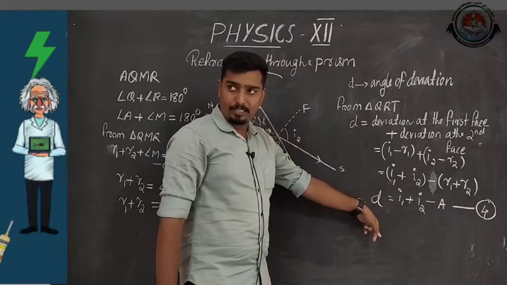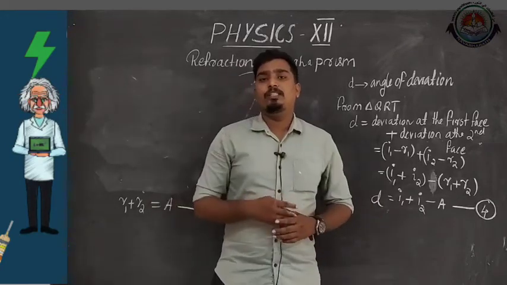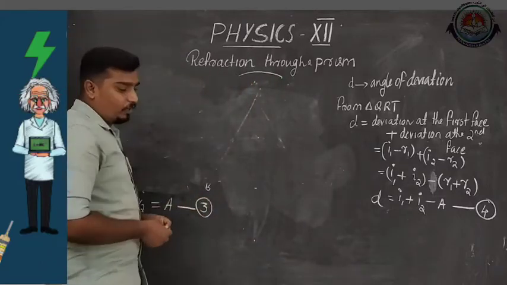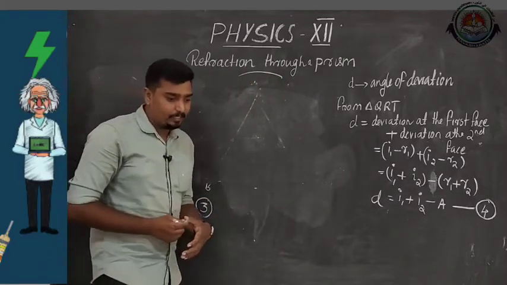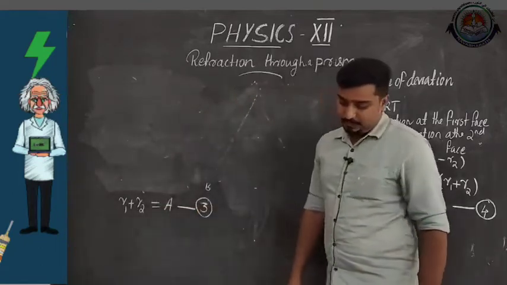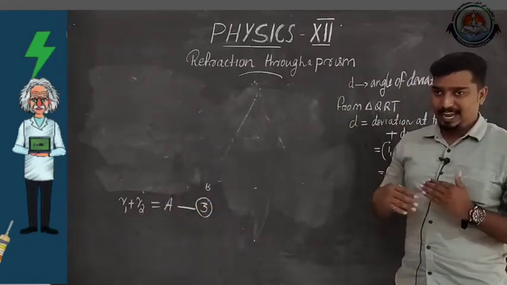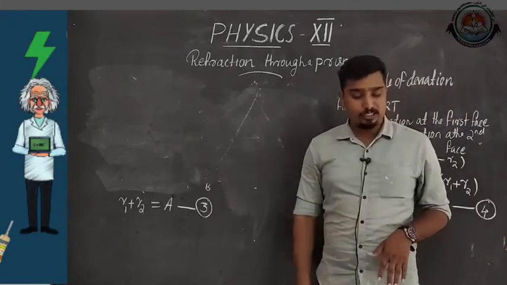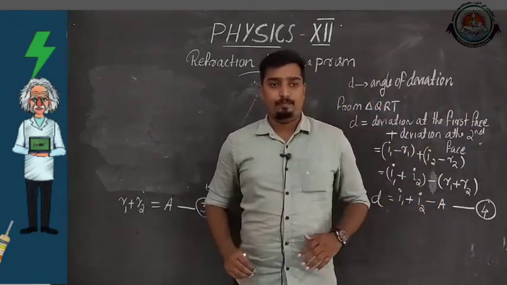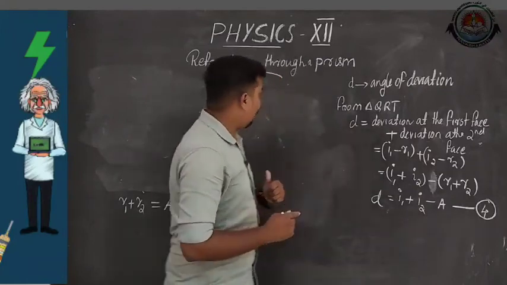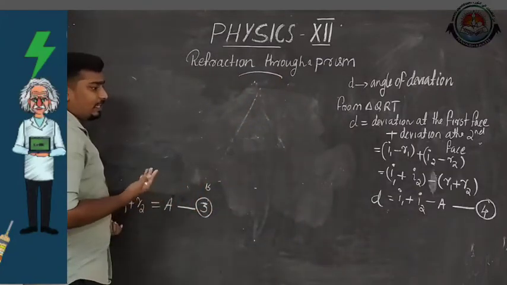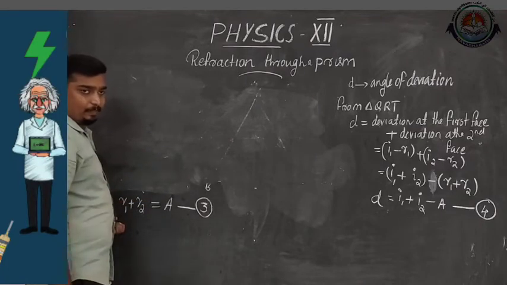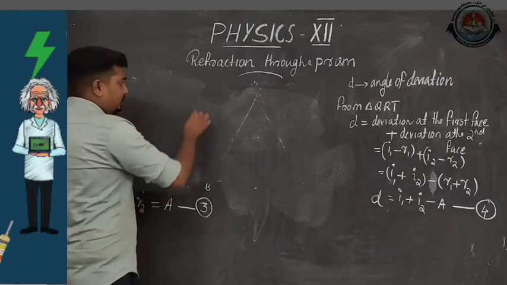While we are doing this experiment in a lab, we get the angle of incidence. If the angle of incidence increases, the angle of deviation decreases.